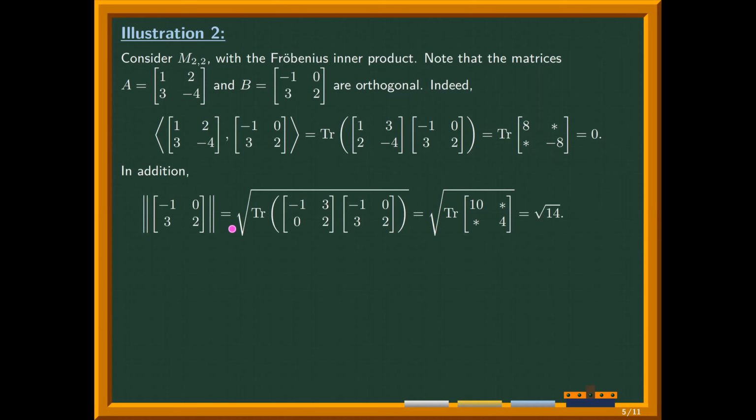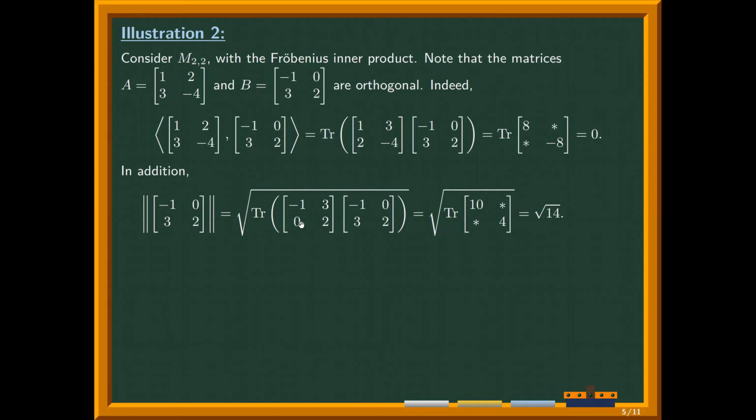We can also compute the length of vector A, or rather vector B, with respect to the Frobenius inner product. So the length is the square root of the inner product of the vector with itself. So we take the square root of the inner product of this with itself. That's the trace of the transpose of the matrix multiplied by the matrix.